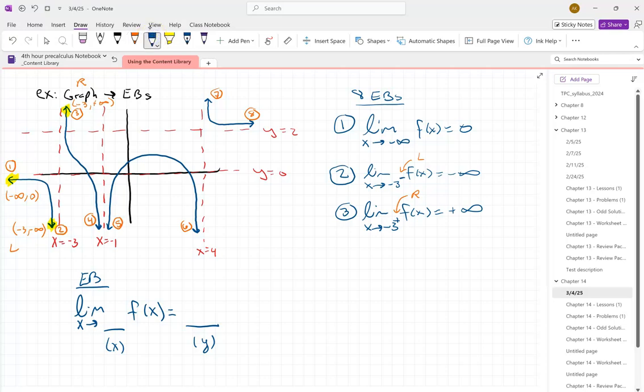And that's going to happen for every vertical asymptote. I'm going to have a left limit and a right limit, because every vertical asymptote is going to be at the same x value. So if I look at my end behaviors for 4 and 5, I'm going to have the same thing going on here. So I have the limit as x approaches -1 from the left. And then for 5, I'll have the limit as x approaches -1 from the right.